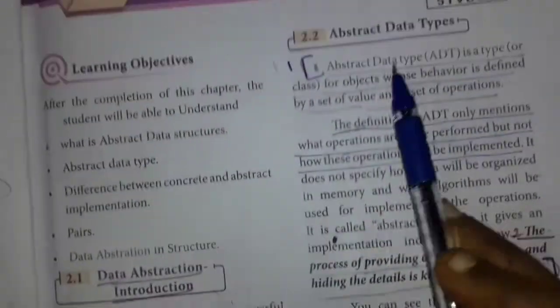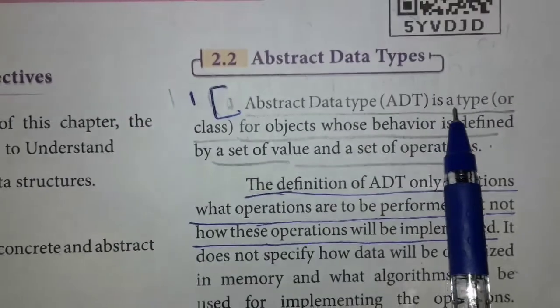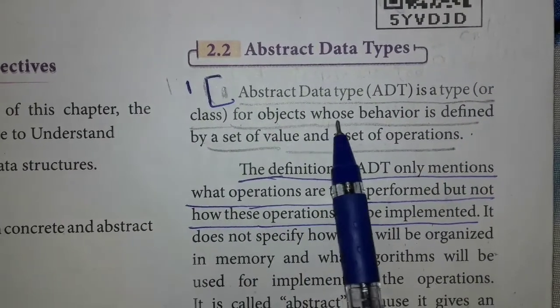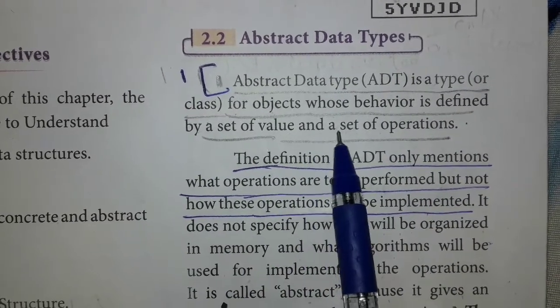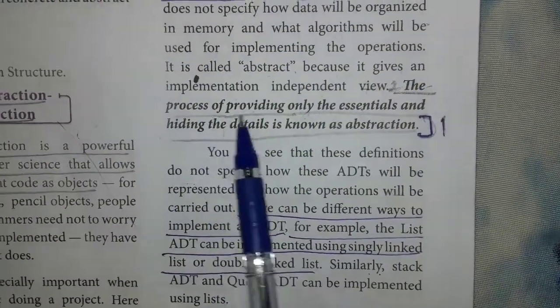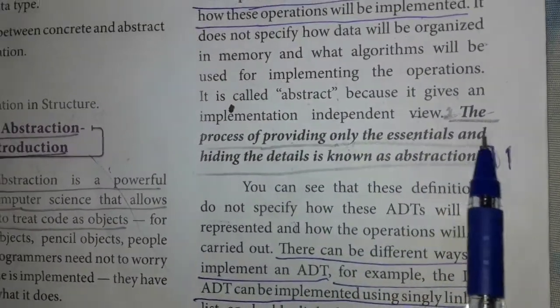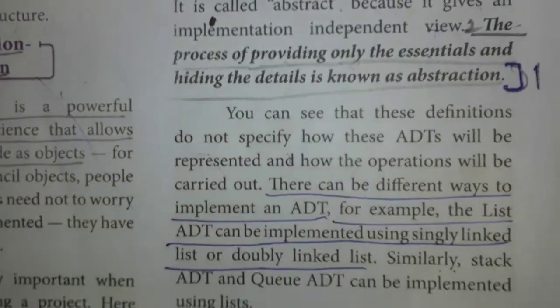The next topic we have is abstract data type. Abstract data type is a type for objects whose behavior is defined by a set of values and a set of operations. The process of providing only the essential and hiding the details is known as abstraction.